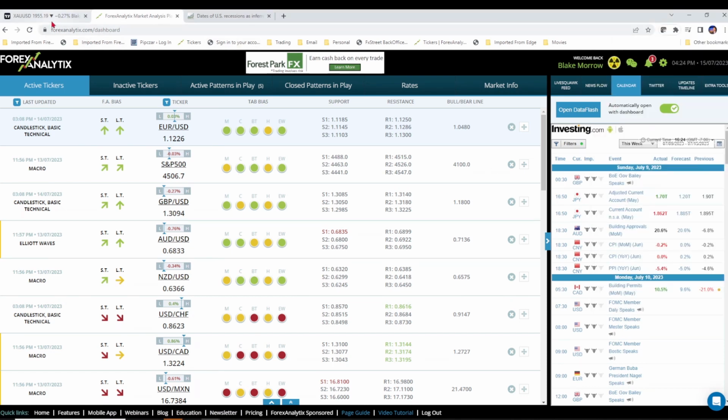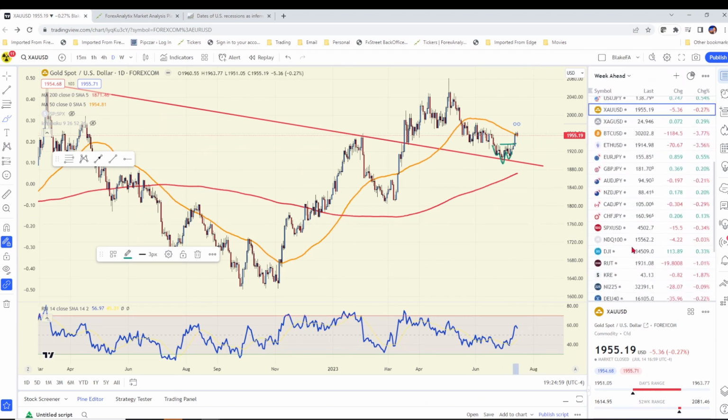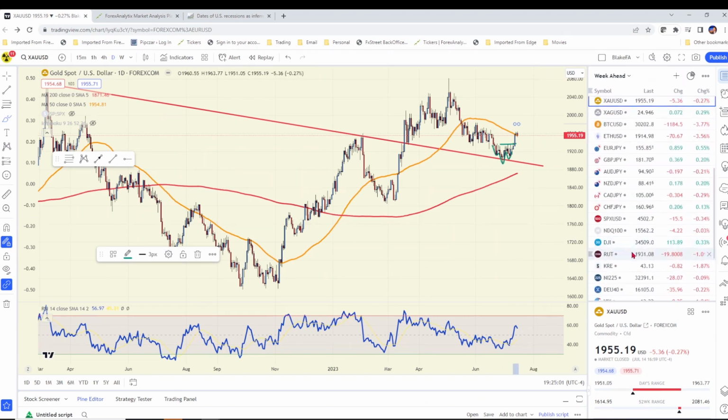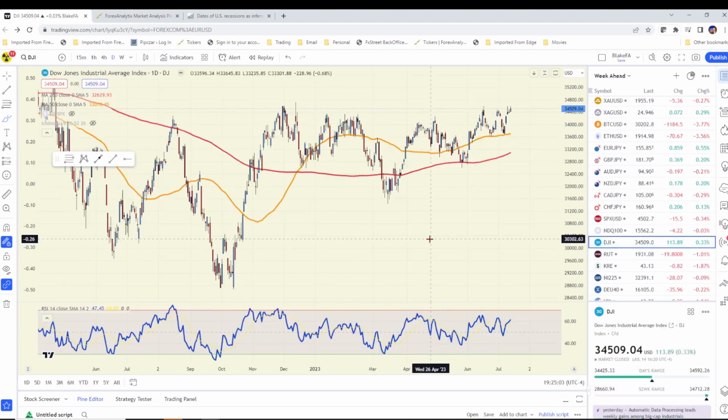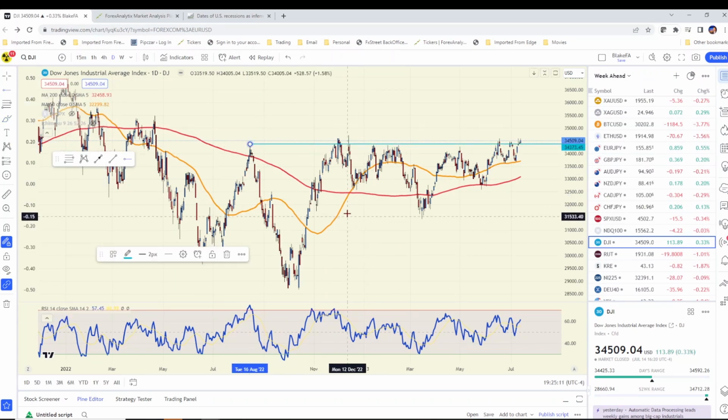Let's get back over to the one last chart I wanted to get to. I wanted to show you the Dow, because the Dow Jones Industrial Average is really stalled at some really big resistance. If you go back here and think about it, the S&P's been moving, the Nasdaq's been moving, the Dow really hasn't been.